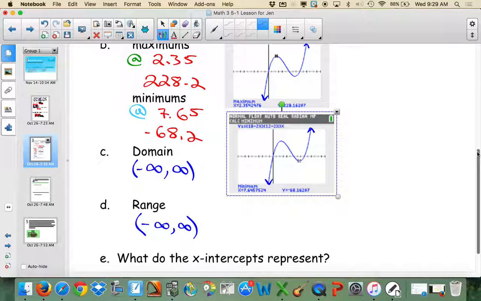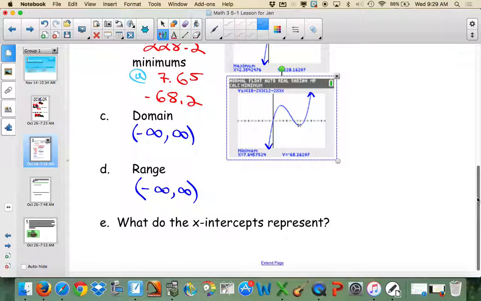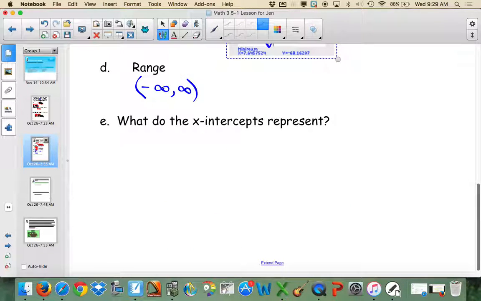So if I have x-intercepts, what is the y value for all of those? Well, it's 0. That means my volume would be 0. So those are all the places where I would have 0 volume for my planter. So when it comes to creating planters, that would be a terrible value to use for h, right? Because we wouldn't be able to put any plants in there if there was no volume.